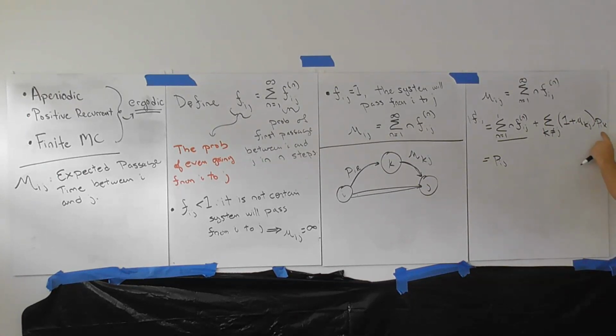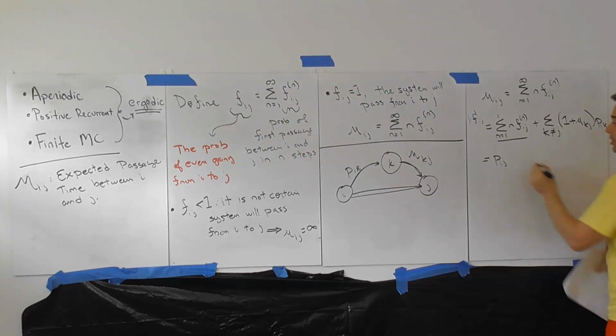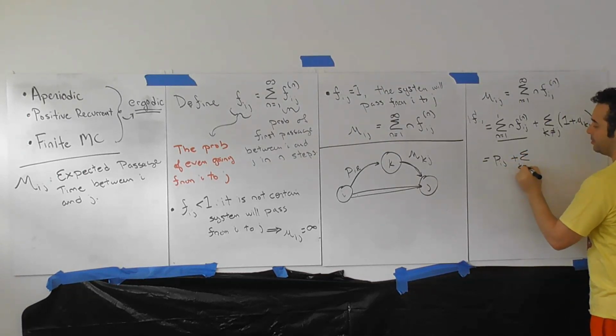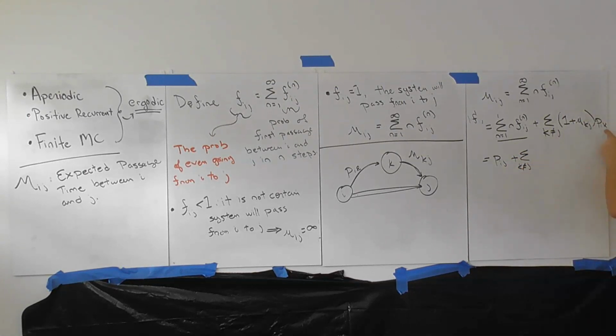The next thing that we can do is look at this term here, and we can multiply it out. So what we end up with is the sum over k not equal to j, and I'm just going to put this p_ik inside of here: p_ik plus mu kj times p_ik.